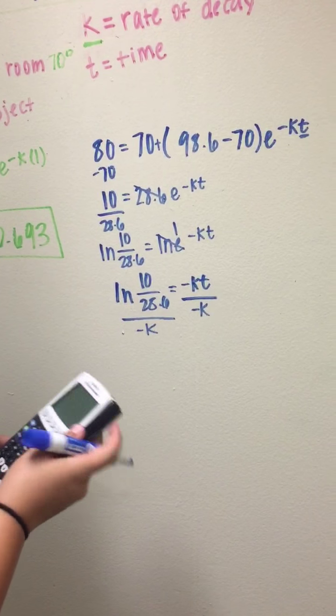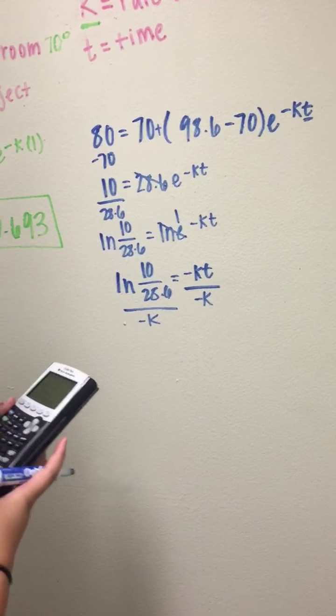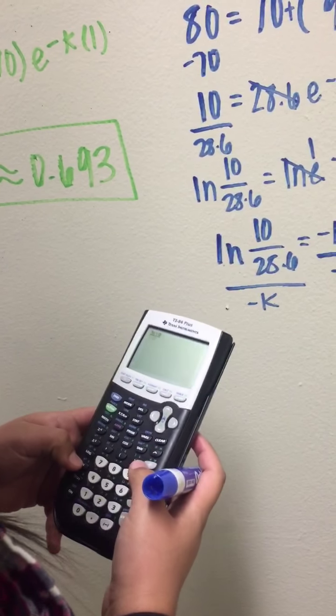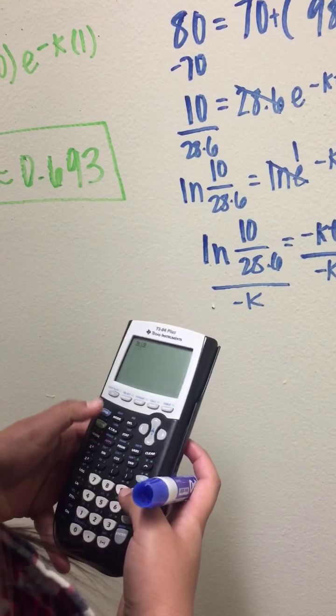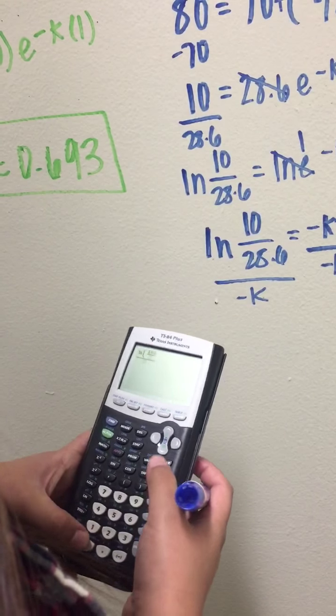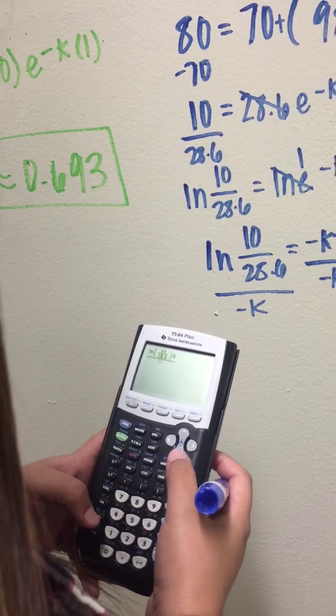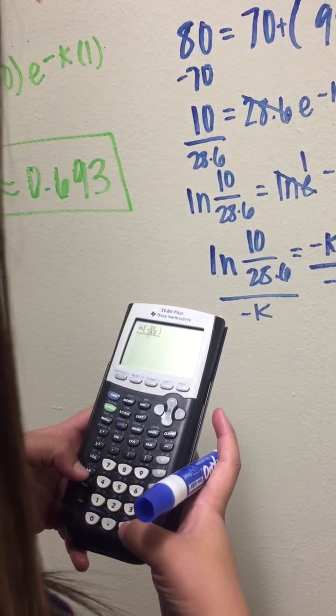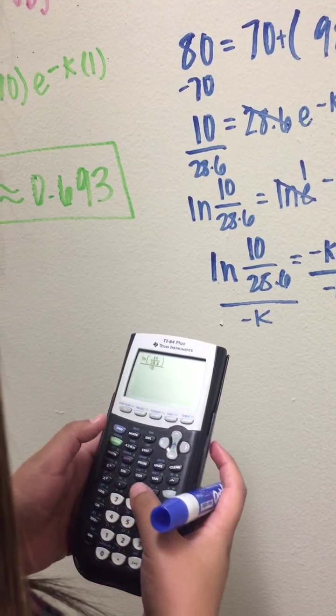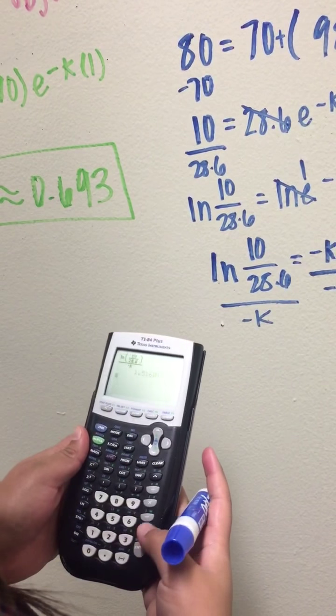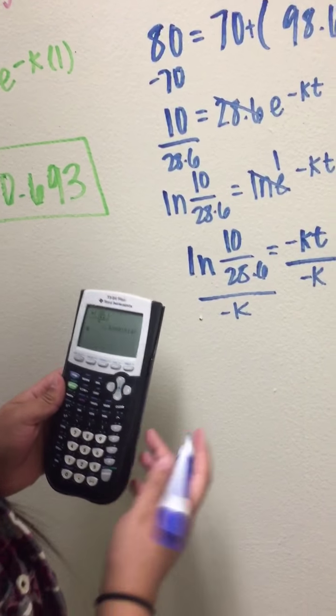Okay, so we're going to put this into our calculator. We have ln and then 10 over 28.6. And since we stored K, all we have to do is negative alpha K. And that's going to give us 1.51.